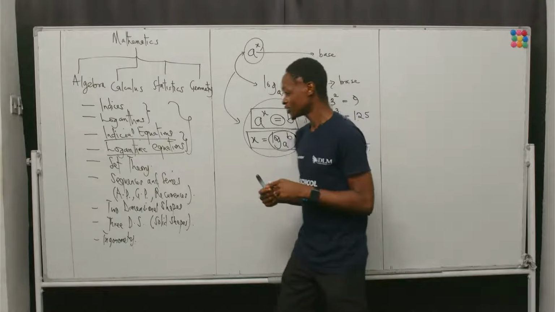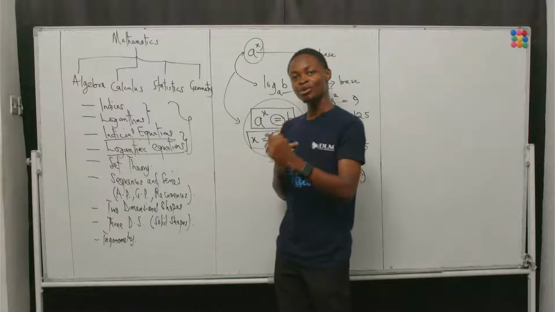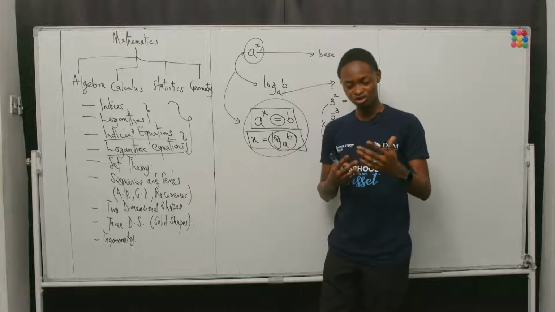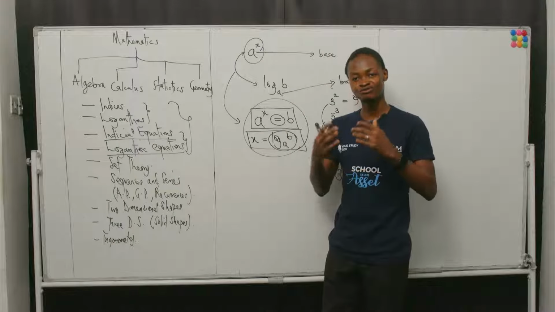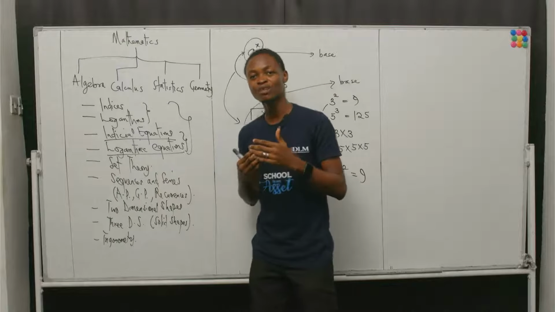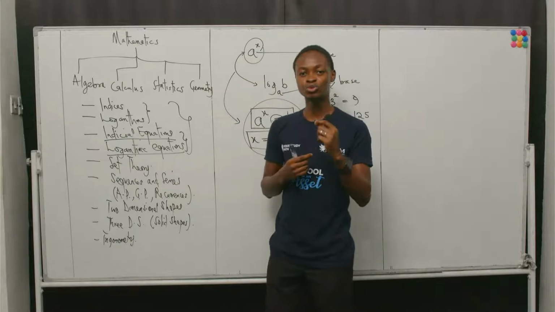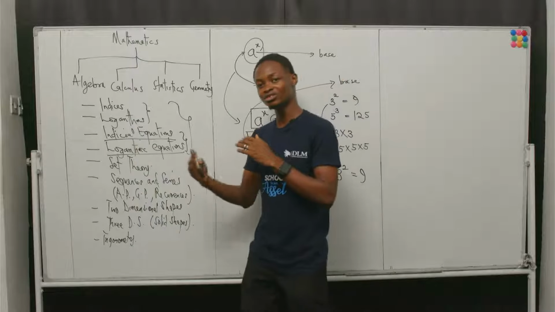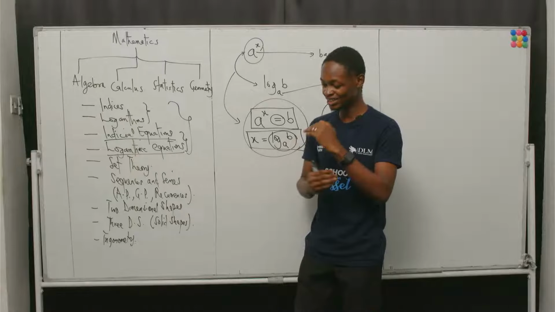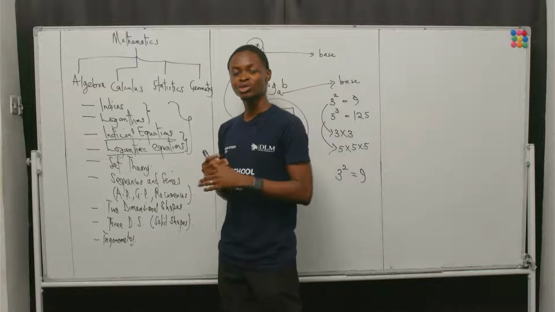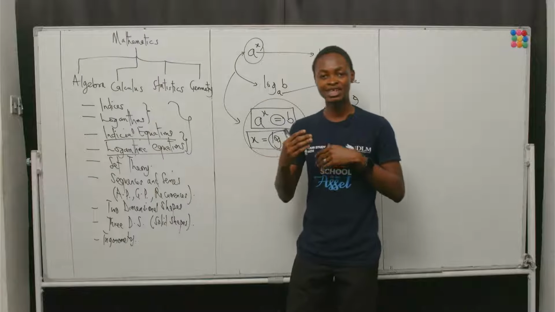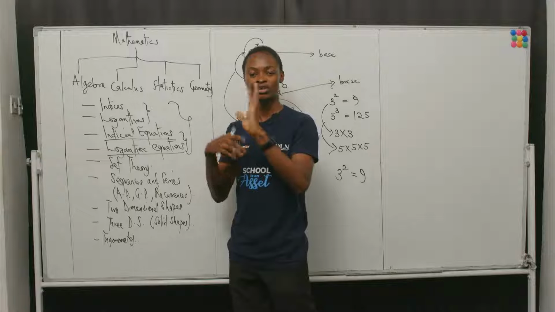For instance, when we talk about the concept of quadratic equations, it's not in this list, but it's also something we'll be talking about very, very seriously. When we talk about quadratic equations, we talk about equations where the highest power is 2. You'll find out that later on, after learning about quadratic equations and you have left it for a long while, you get exposed to what we call polynomials, which are equations or expressions where the power can either be 1, 2, 3, 4, and so on and so forth.